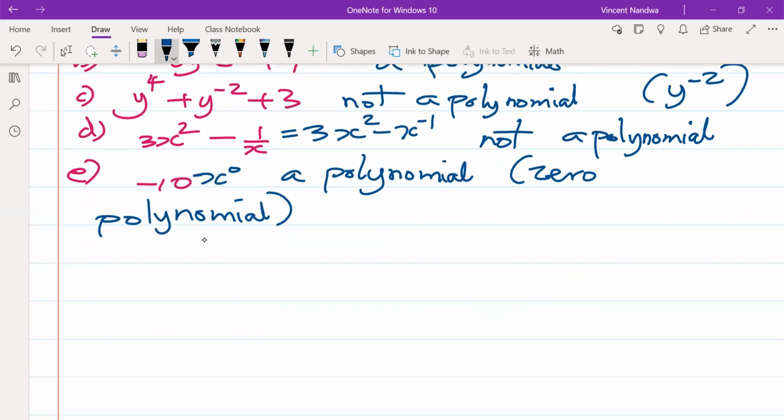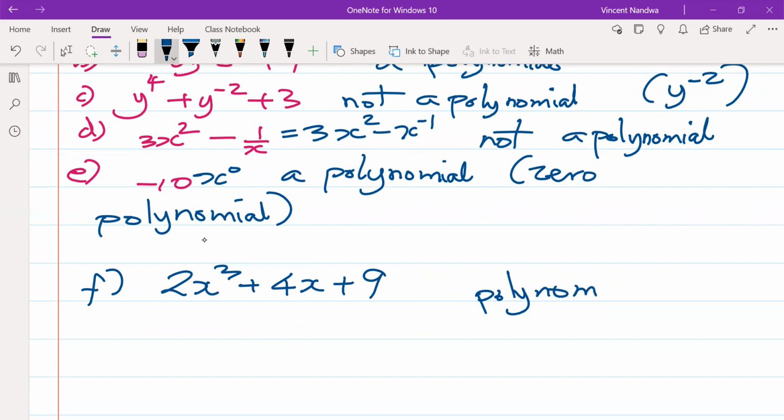Now, if I have 2x cubed plus 4x plus 9, this is still a polynomial. Of which degree? The highest power, 3.